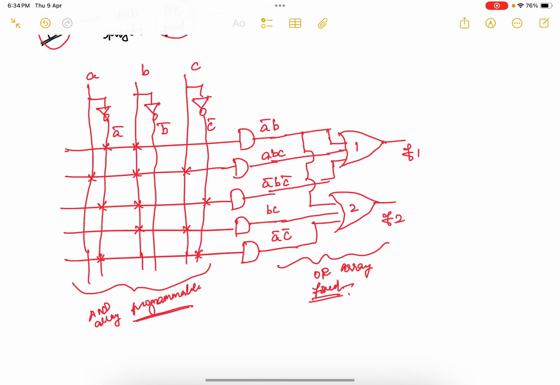Okay, so now here we have given directly the expressions.